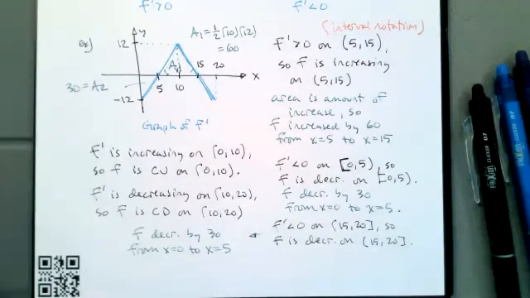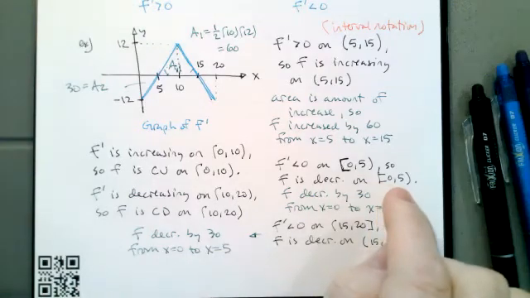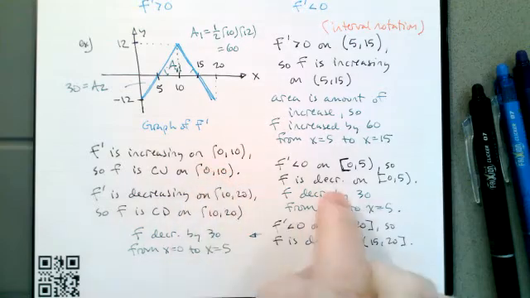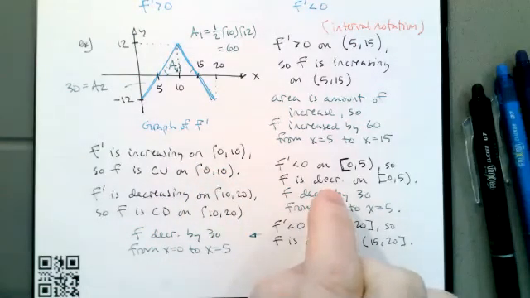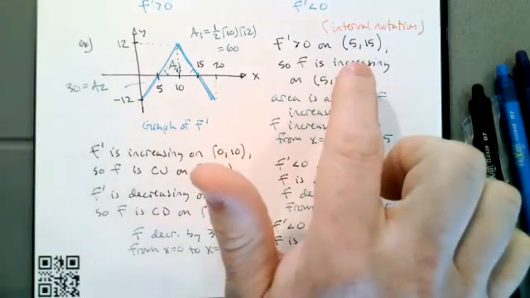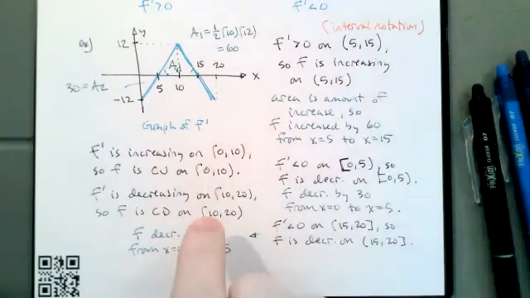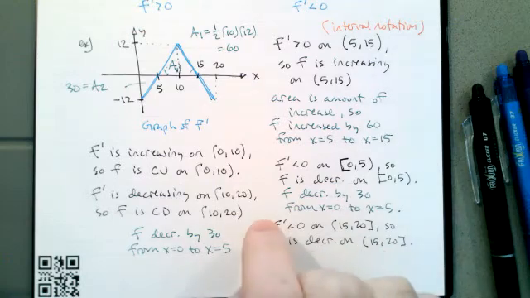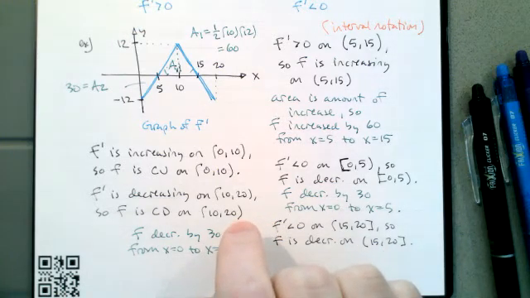So if I wanted to draw this function, I would want to draw something that decreases from 0 to 5 and is concave up, and then increases from 5 to 10 while still being concave up, continues to increase from 10 to 15, but switches to concave down, then decreases from 15 to 20 and stays concave down.